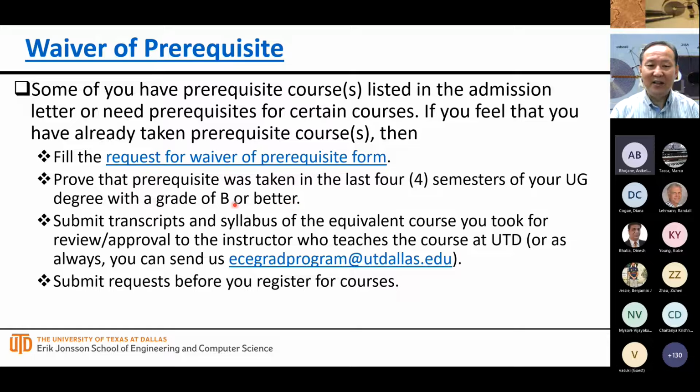If your grade is C or D, then it is not counted. Okay, you must take this prerequisite again here. And you need to submit transcripts and the syllabus of the equivalent course you took. Then it will be reviewed and approved by the instructor who teaches the course at UTD. Then you can waive your prerequisite. Okay.